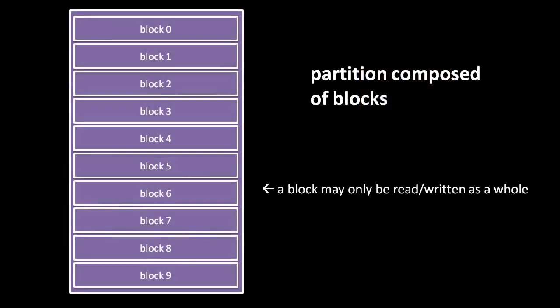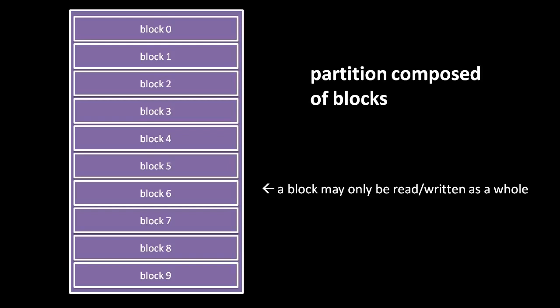So looking first at block devices, storage partitions are divided into units called blocks. Like the bytes of RAM, these blocks are numbered from 0 and they're all of a uniform size. Usually the block size in a partition is something which is a multiple of 512, like say 4096 is a typical block size.